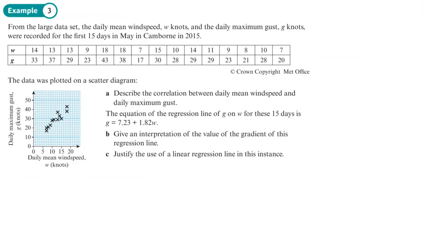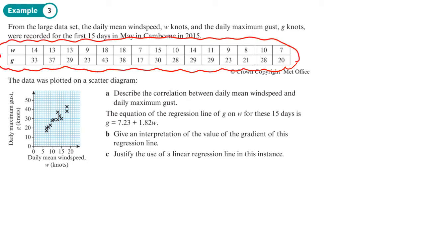Okay, so in this example, all of the data from this table has already been plotted for us in this scatter diagram. The first thing I need to do is describe the correlation.